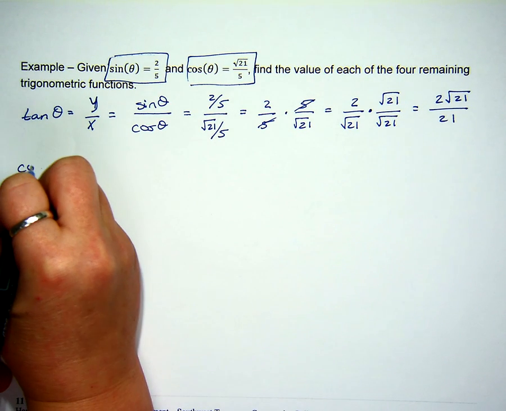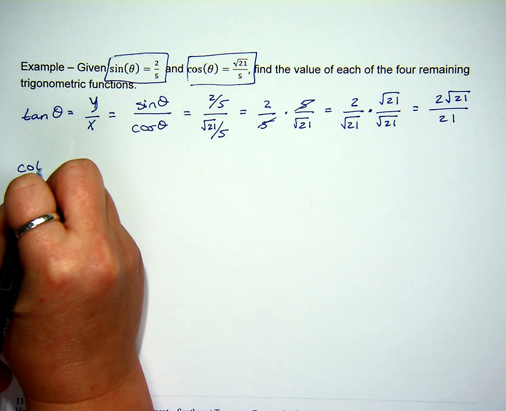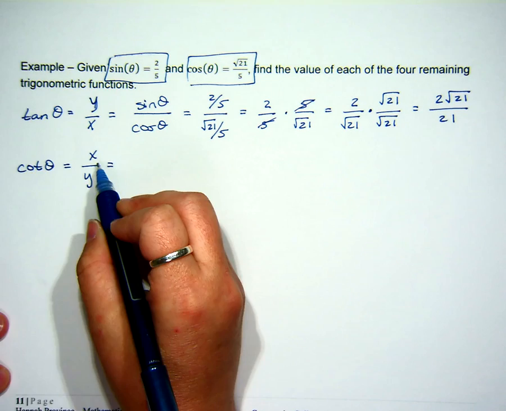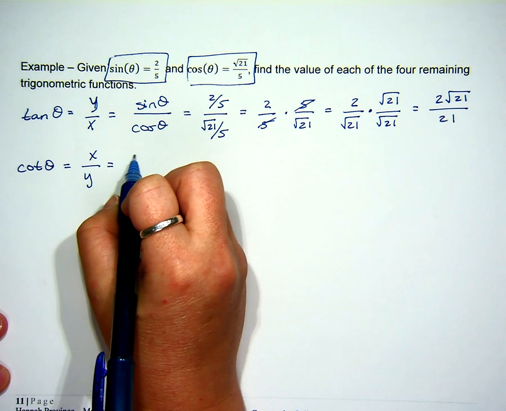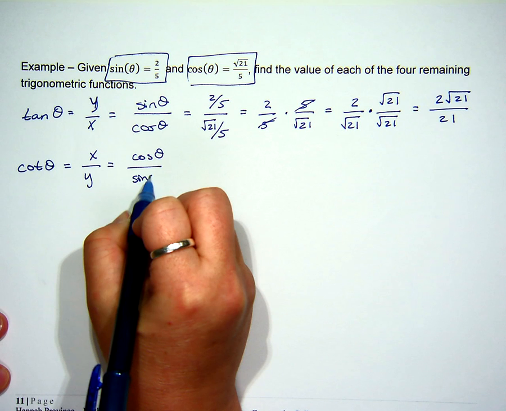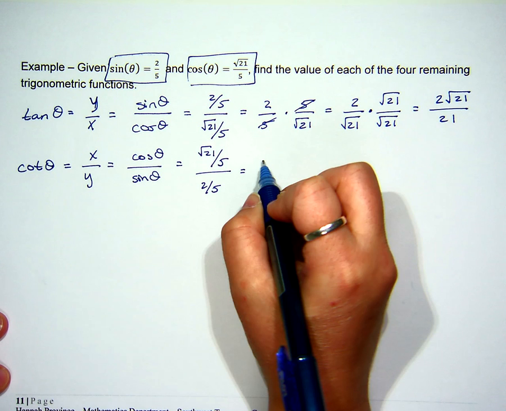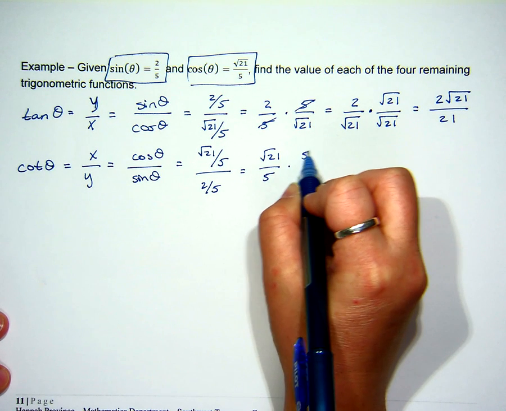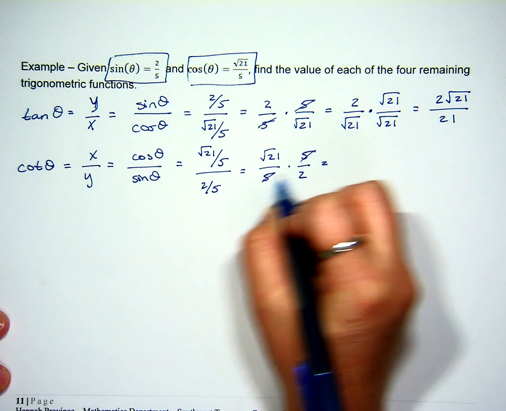Let's see if we can find the cotangent. Cotangent is x over y. Again, I don't know the point, I don't know what x is, and I don't know what y is, but I know that x is cosine, I know that y is sine. Cosine is square root of 21 over 5. I know sine is 2/5. Fraction division becomes fraction multiplication of the reciprocal of the denominator. The 5's will cancel.